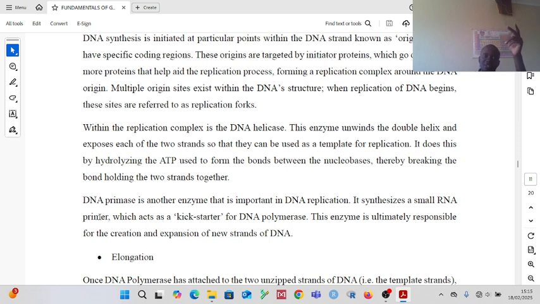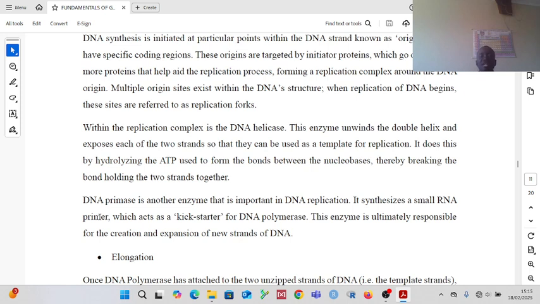So in the initiation stage of DNA replication, two important enzymes are involved, the helicase and the primase. Helicase is unwinding, opening up so that it can expose each of the two strands for them to be used as templates for replication.